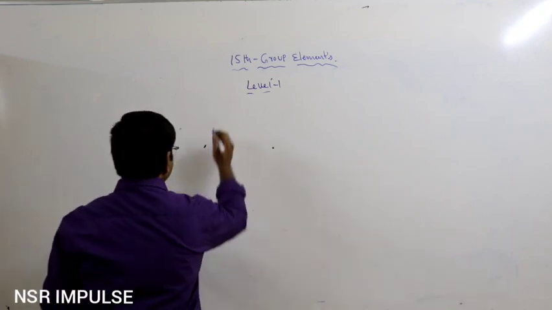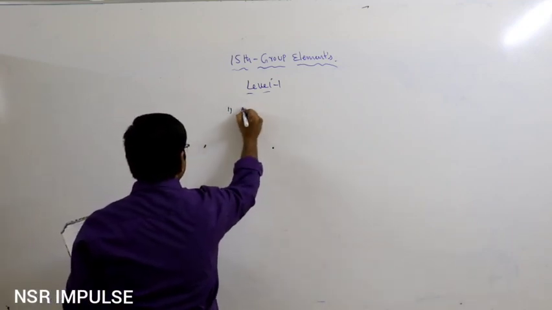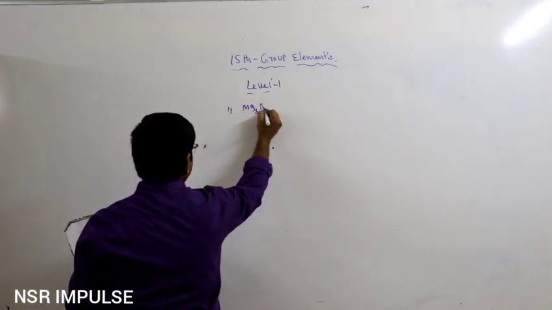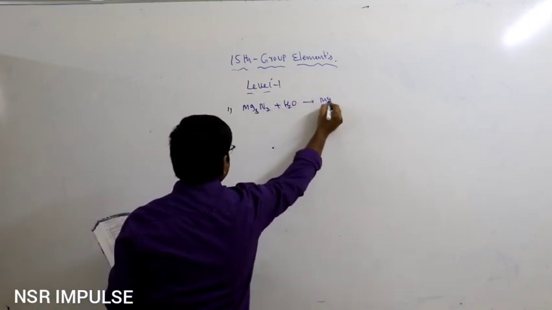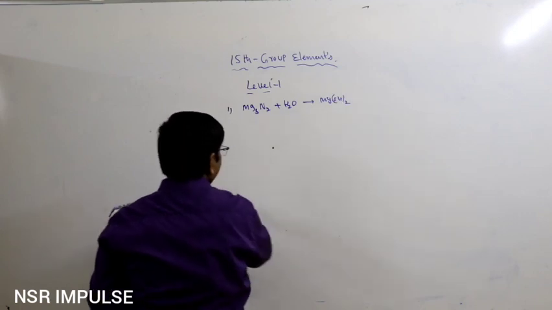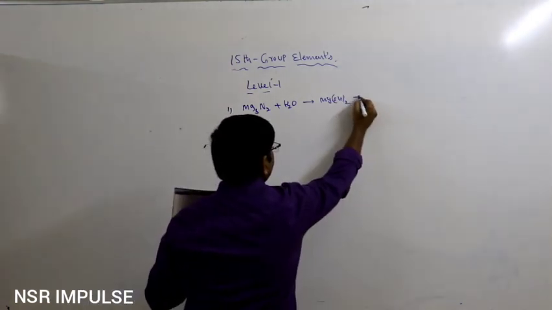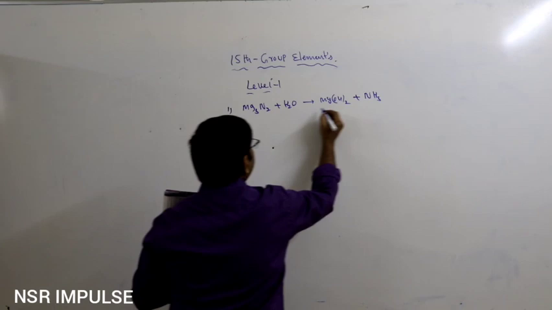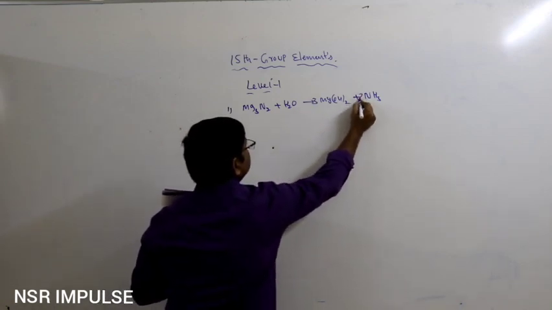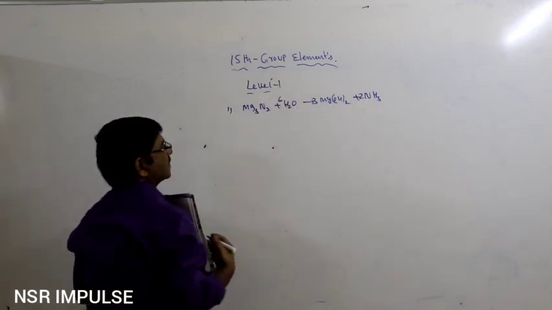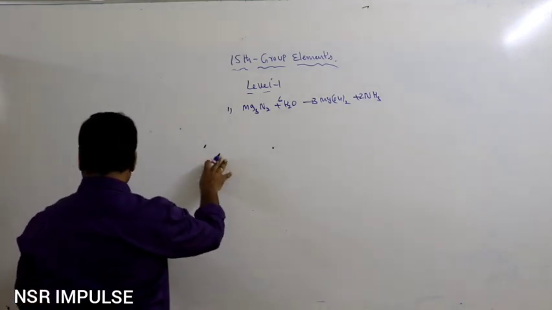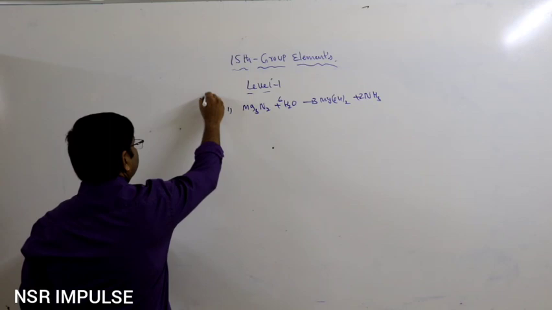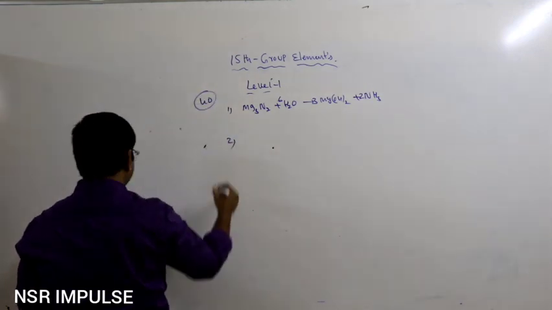In ammonia preparation, magnesium nitride reacts with water to form magnesium hydroxide and ammonia. So it is 3 moles, 2 moles, 6. So ammonia is possible by the first option.